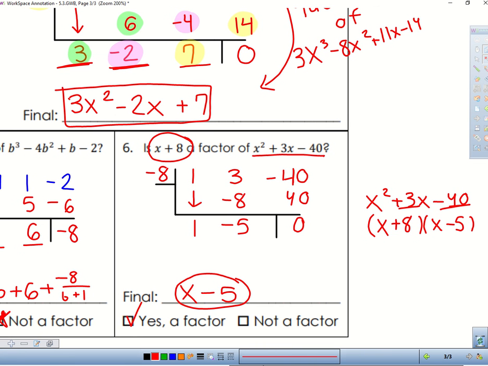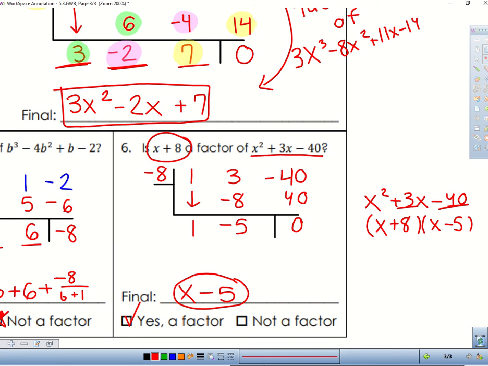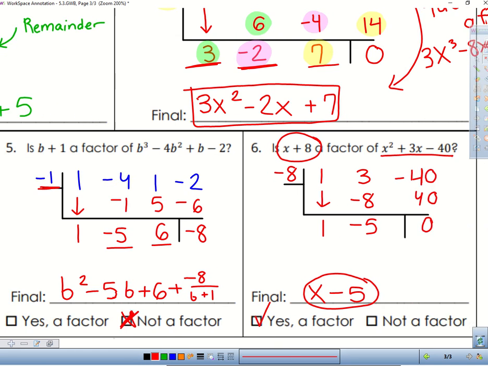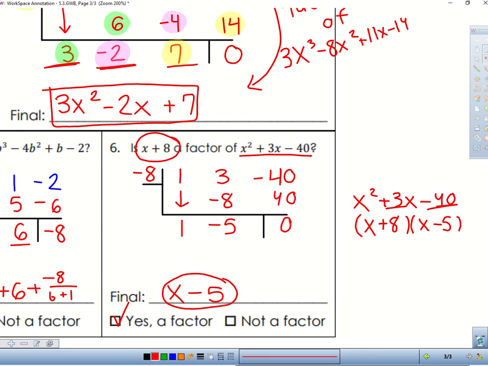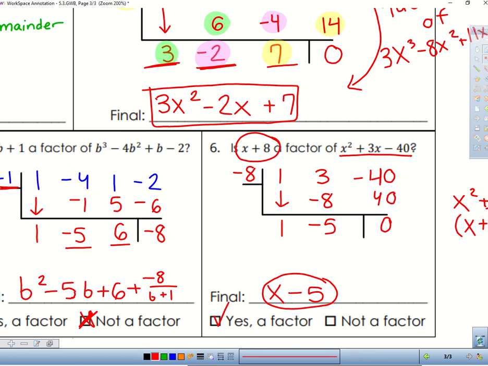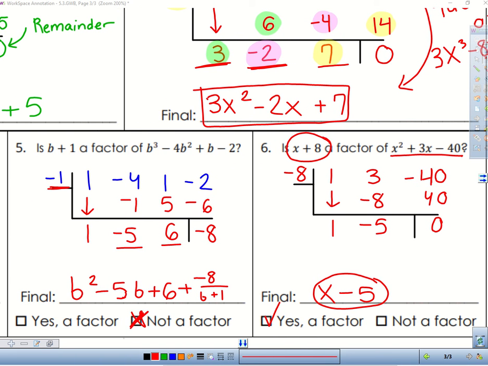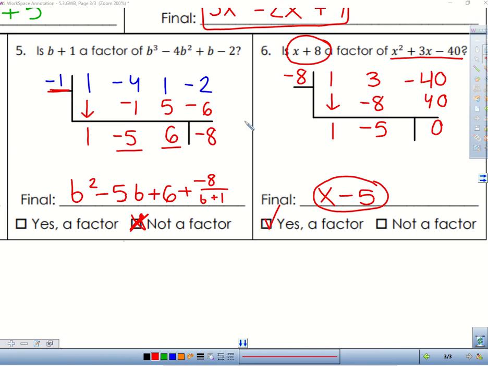The second thing I want to talk about is evaluating. Synthetic division is not only useful in actually doing division, but it's also useful in evaluation. So I want to show you something here. Let's say you wanted to plug -1 into this polynomial.